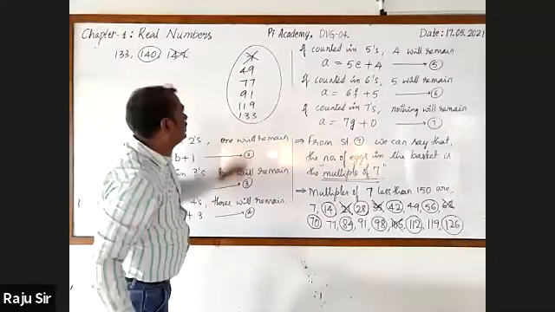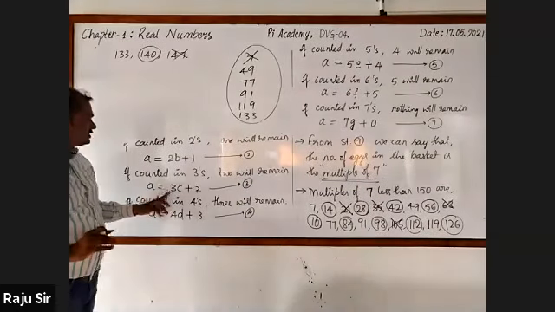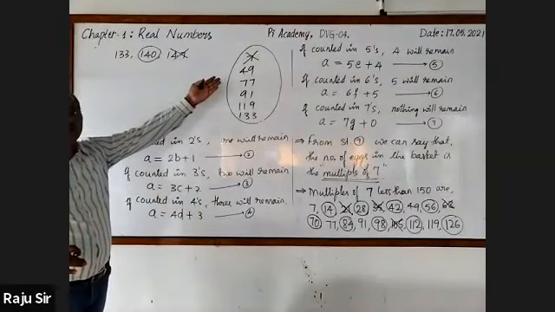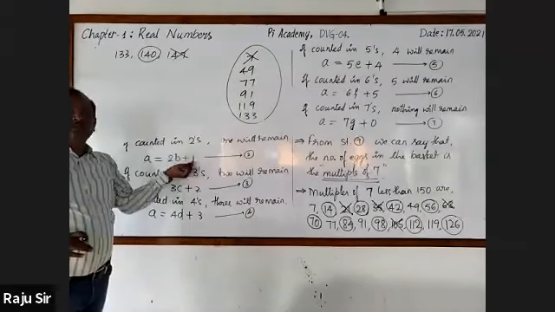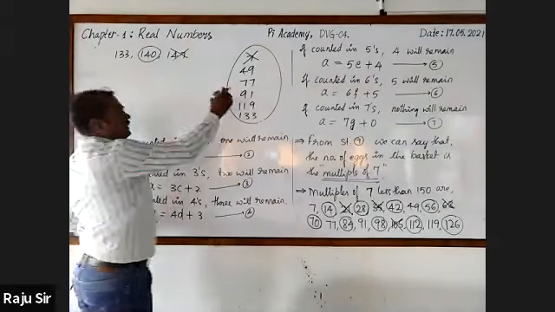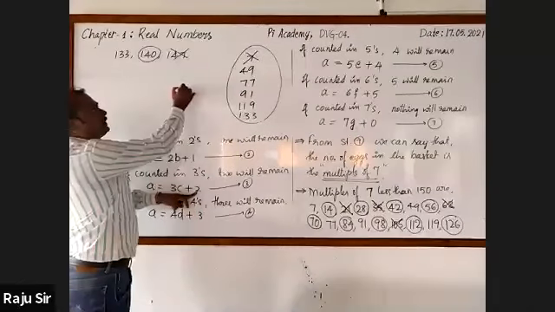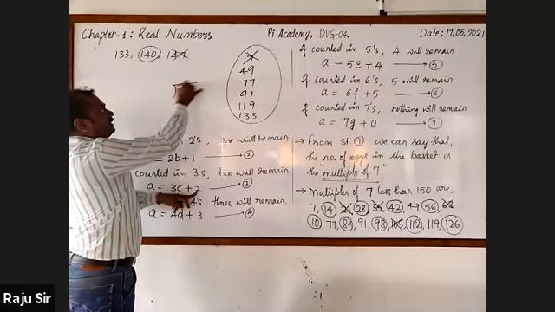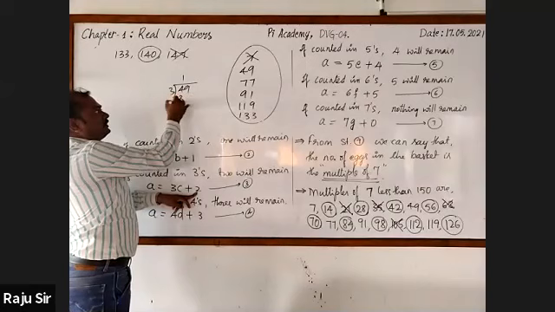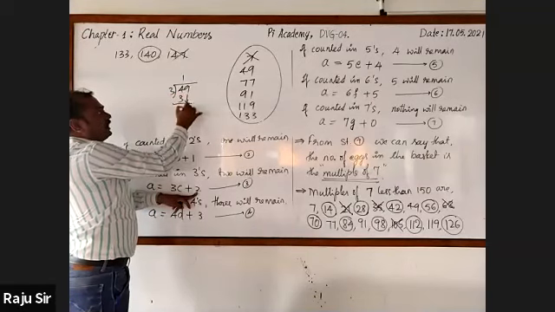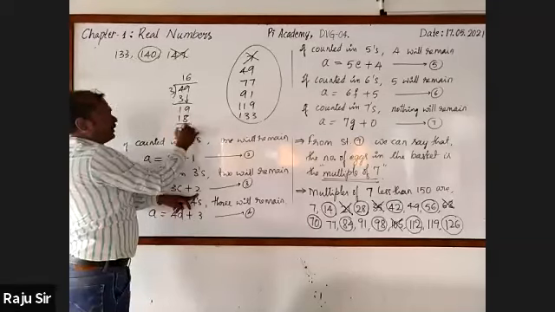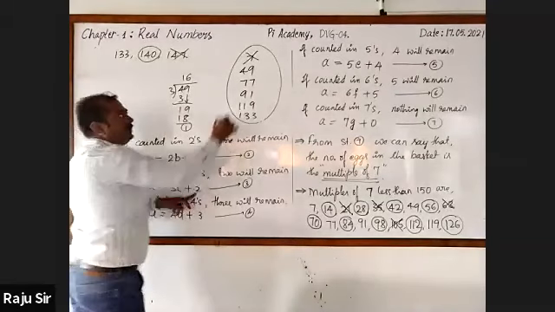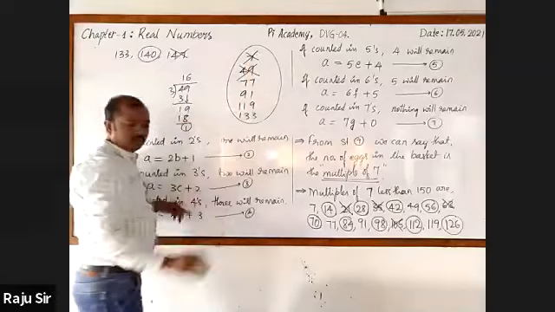Next, 49. Obviously all these are odd numbers. If you go on counting 3's, 2 should remain. 49 divided by 3: 3 1's are 3, 1. Then carry down 9, 19, 3 6s are 18, 1 will remain. But actually 2 should come. Hence, 49 won't come.